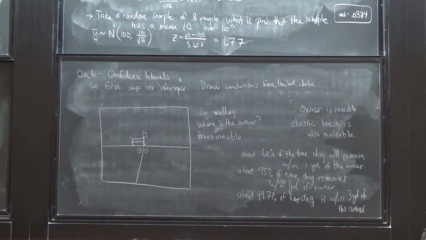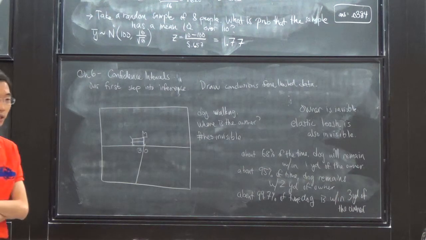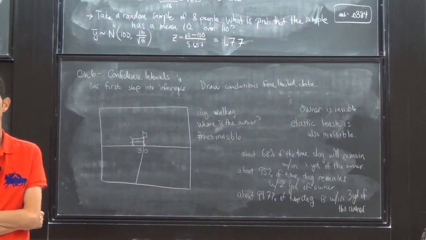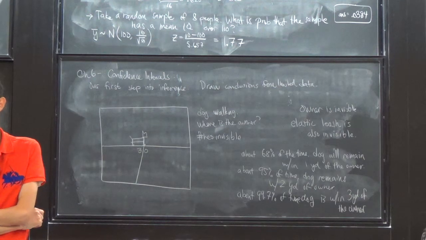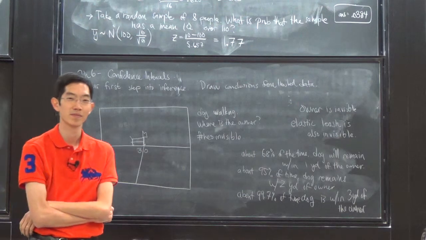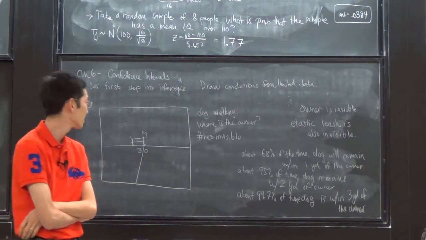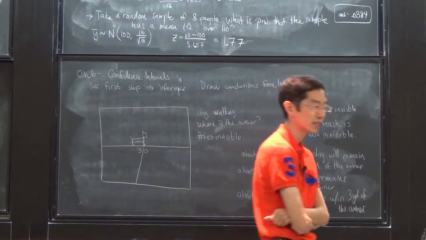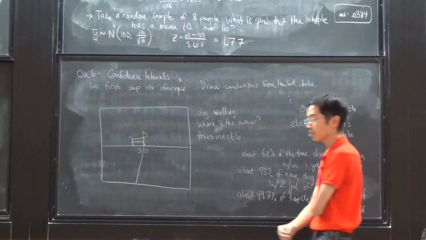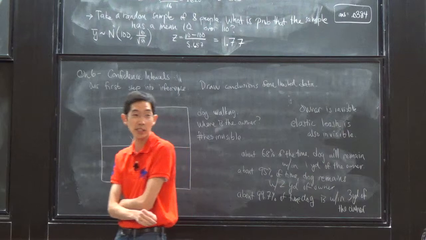Okay, so we see the dog at the 30-yard line. Can we say something about the location of the owner? Okay, what can we say about the owner then? Between 29 and 31, right? Maybe. It says within 1 yard of the owner. So the dog remains within 1 yard of the owner about 68% of the time.